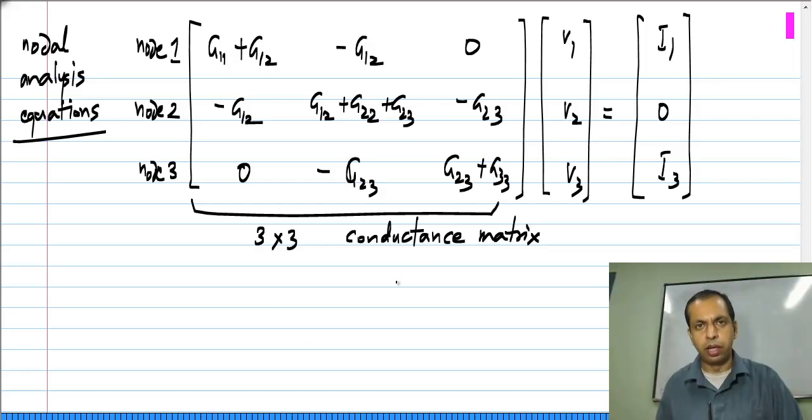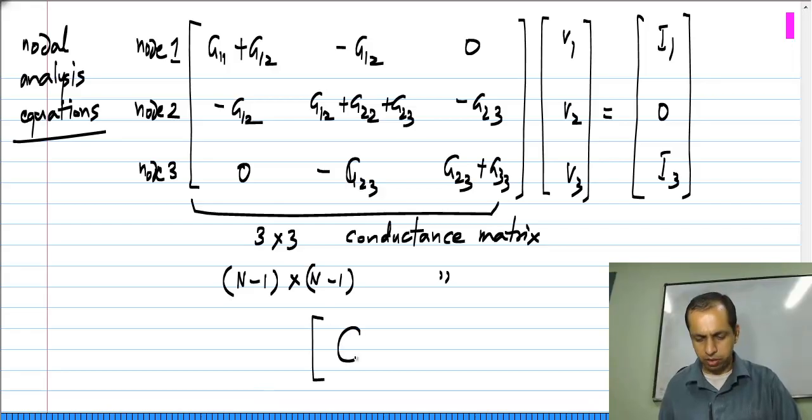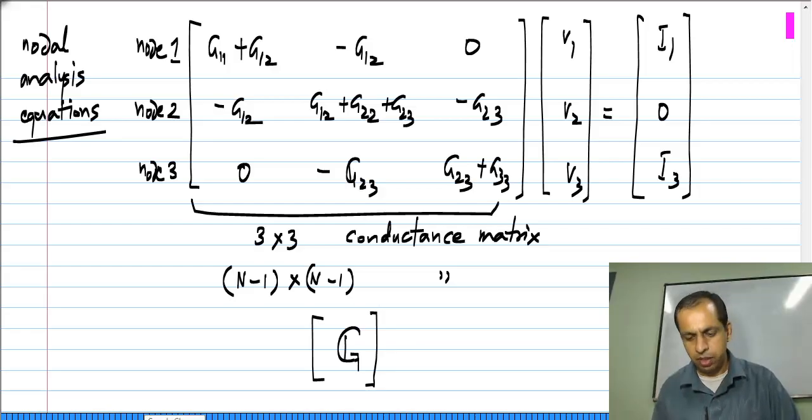Now, in general, in an n node circuit, it will be an n minus 1 times n minus 1 conductance matrix. I will denote that like this. I will put the square brackets to just show that it is a matrix. Okay. And what is this?